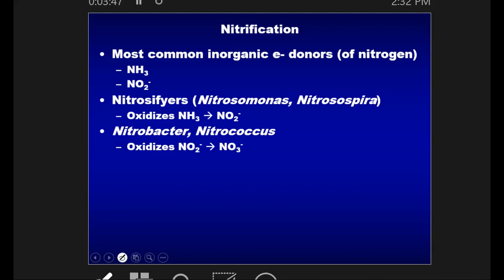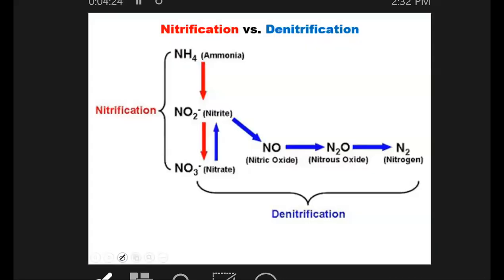And so this process from the first bullet point to the end there, that is called nitrification. Okay, so taking ammonia in this case, to nitrite to nitrate, that process is called nitrification. So very often what you'll see is some microbes in a mixture in a real environment, like in soil, they'll do nitrification. And then other microbes right nearby might do denitrification. So nitrification versus denitrification.